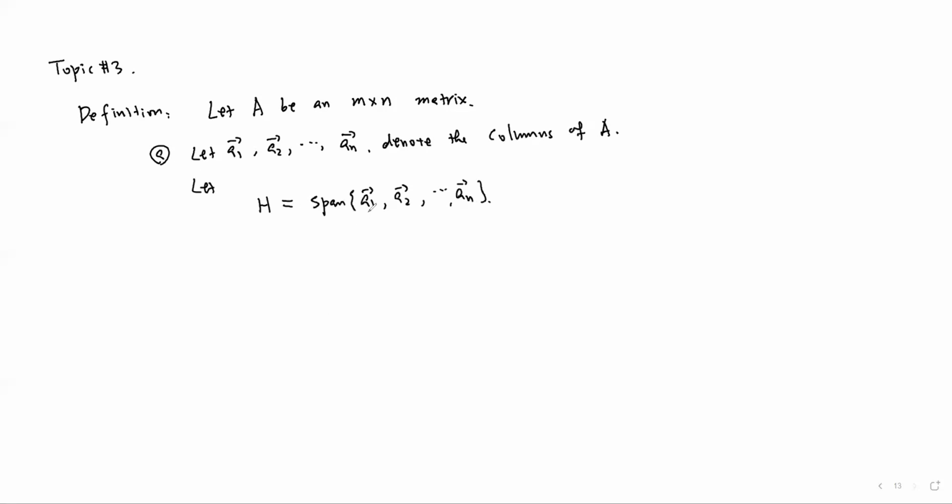Please note that because our matrix A is M by N, each column has M entries. So actually each column is in R^M, not in R^N. So the set spanned by vectors in R^M is a set in R^M.